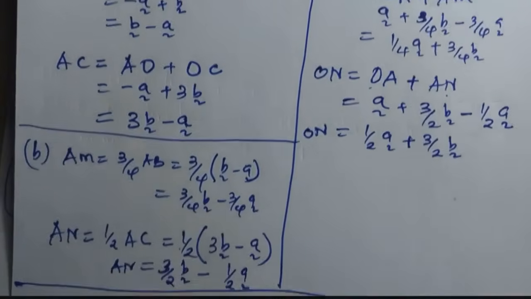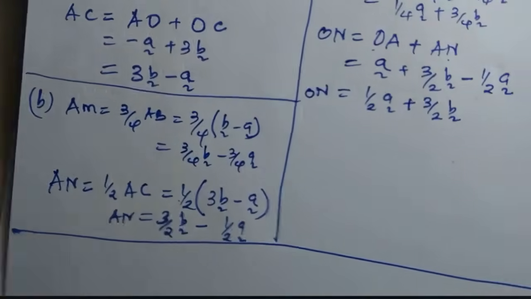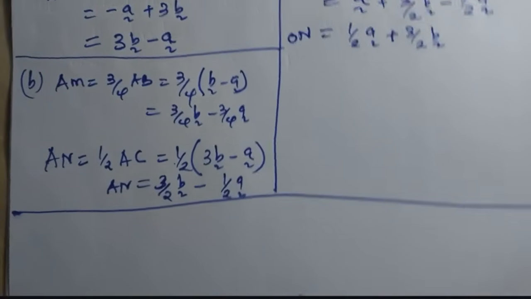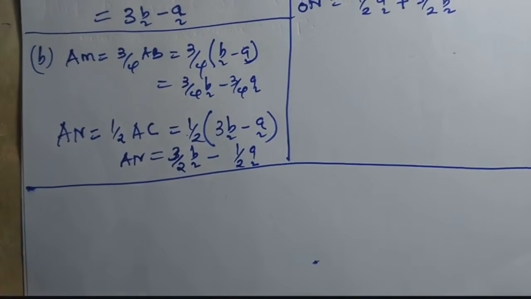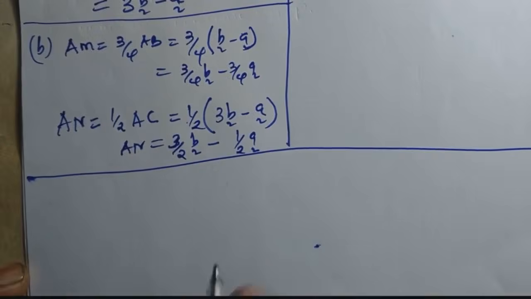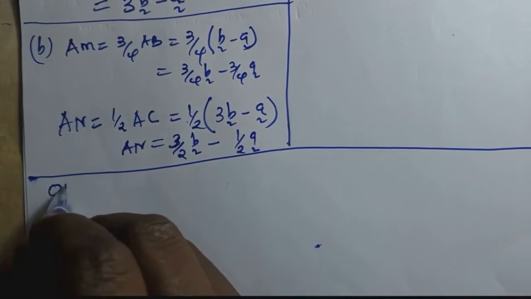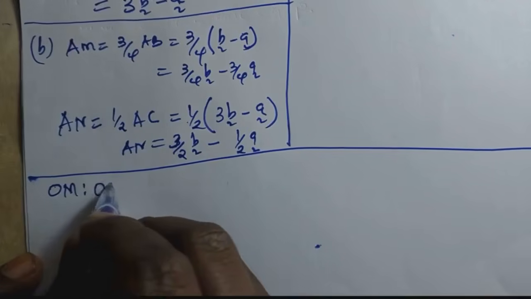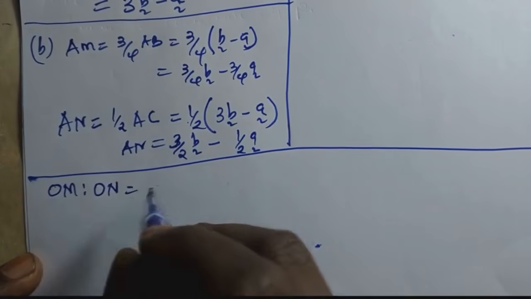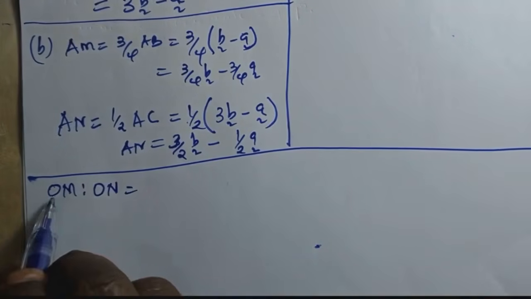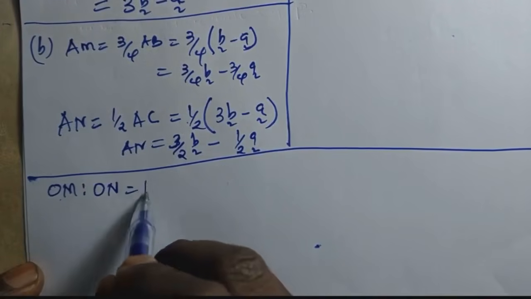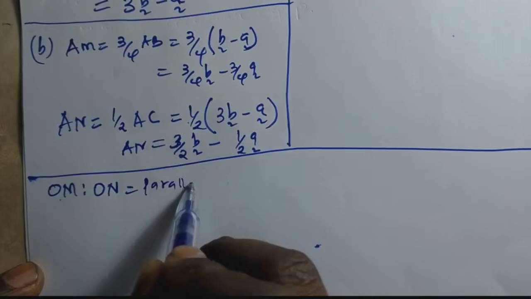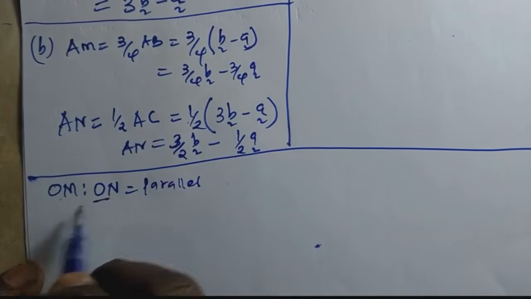For them to be collinear, I have explained how to show collinearity: we must show that you can express one in terms of the other, that means they are parallel, and they are sharing a point, and you can see that they are sharing point O.